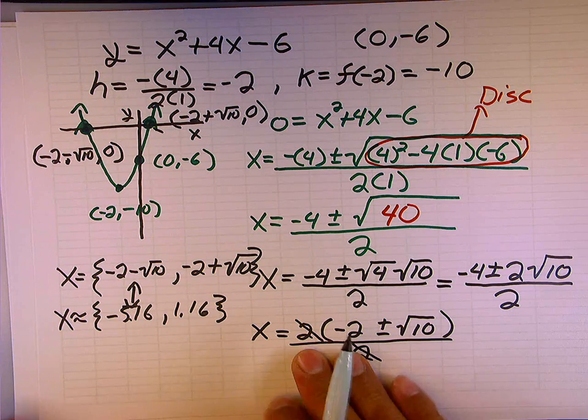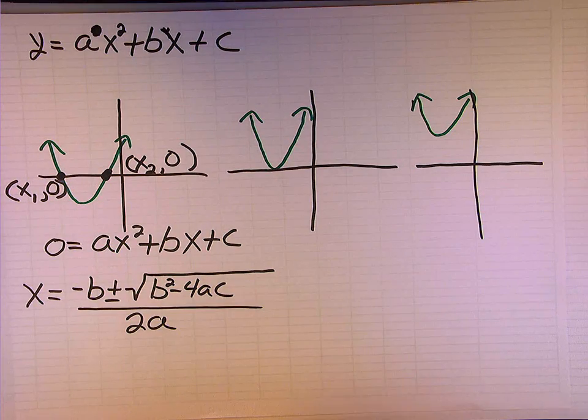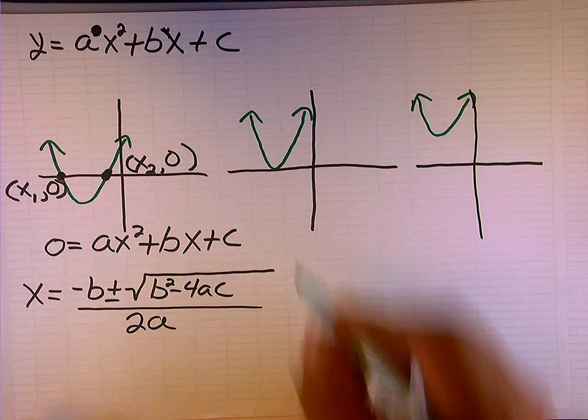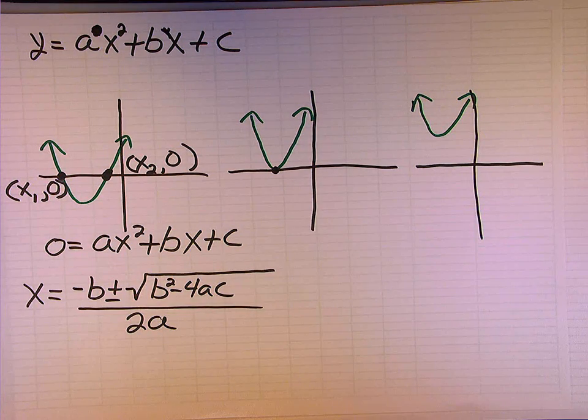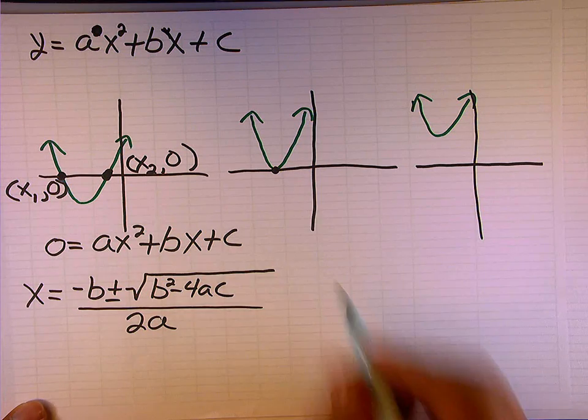Now, that was the first one. The second one, if it only comes down and touches the x-axis at one location, that one location we call the vertex. And I know where the vertex is located. For this one, the vertex, I know how to find.